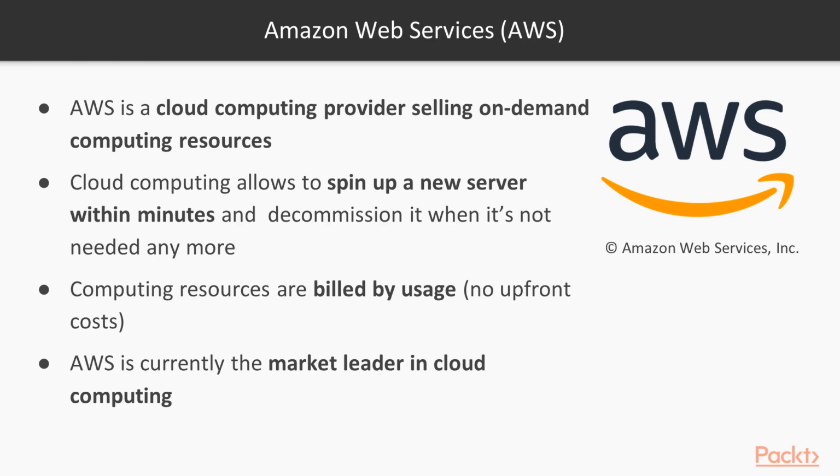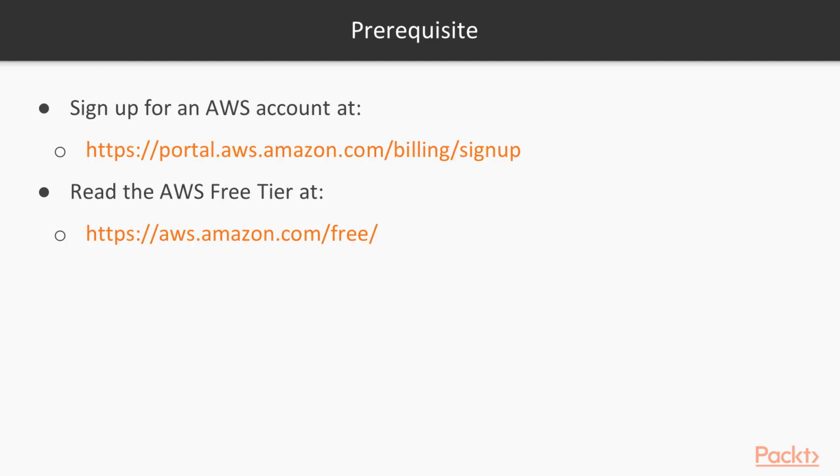But AWS is the market leader and probably the most popular cloud computing provider at the time this video was shot. To follow the practical part in this section, you need to sign up for an AWS account. You can sign up at the following URL. Do it before watching the next video, as we will not cover this in the demo.